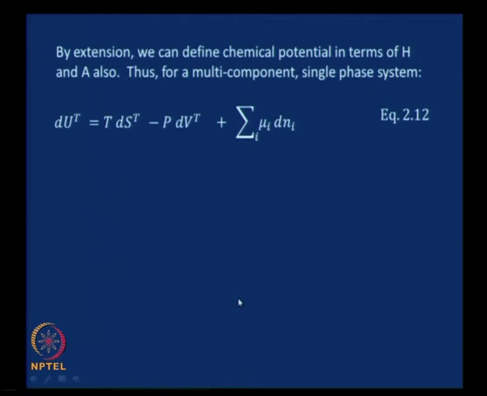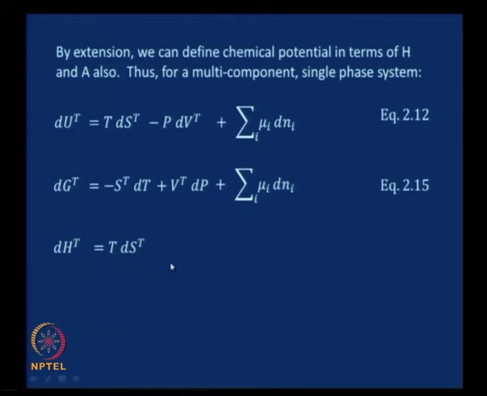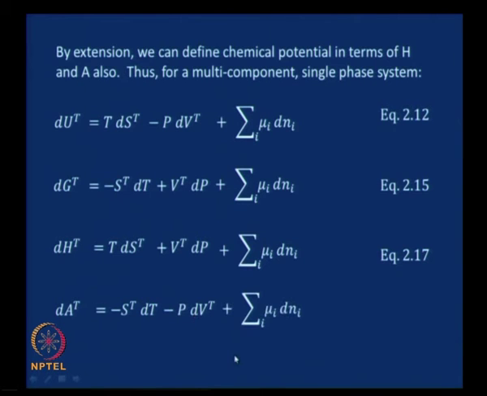We are just compiling all the equations together, we will have it at one place for easy reference later. dG_t equals minus S_t dT plus V_t dP plus summation of mu_i dn_i for all i, equation 215. dH_t equals T dS_t plus V_t dP plus summation of mu_i dn_i, equation 217, and dA_t equals minus S_t dT minus P dV_t plus summation of mu_i dn_i, we will call this equation 218.